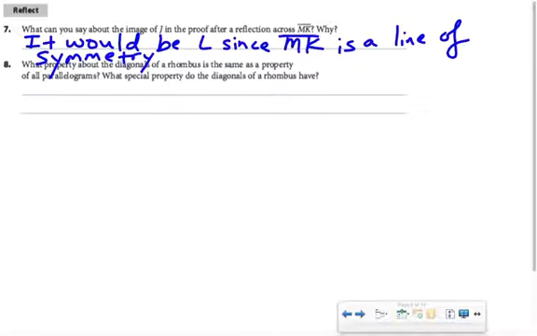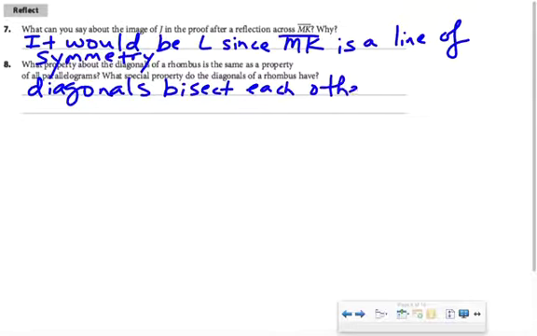What property about the diagonals of a rhombus is the same as a property of all parallelograms? The fact that the diagonals bisect each other. That's the same.